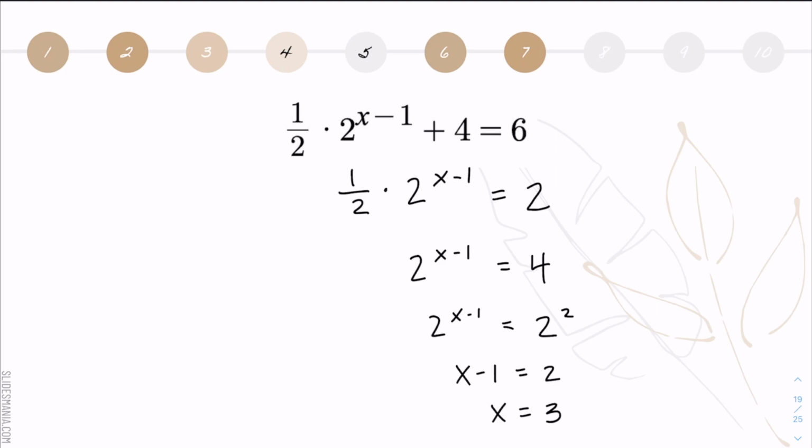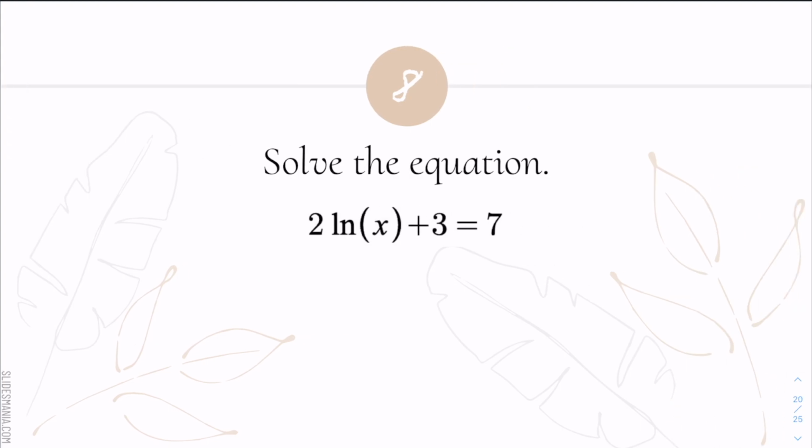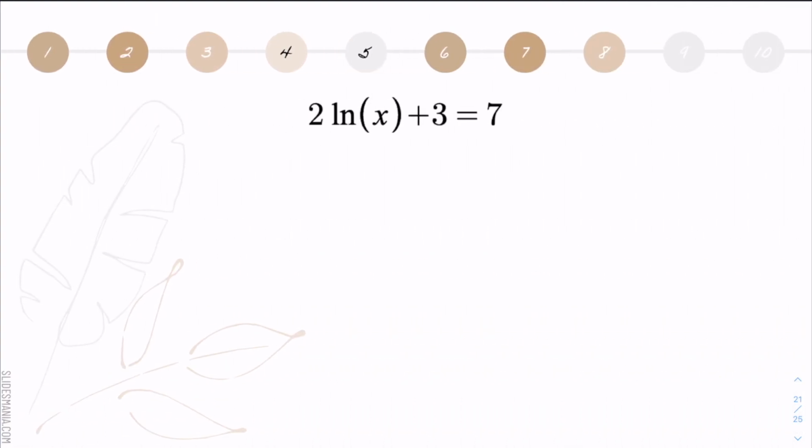All right, just a few problems left. Here we have a logarithmic equation. We're going to solve for x, so we're going to start by subtracting 3 from both sides, which leaves me with 2 natural log of x equals 4.